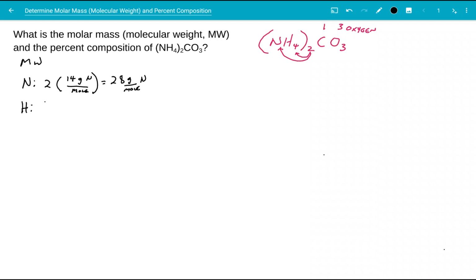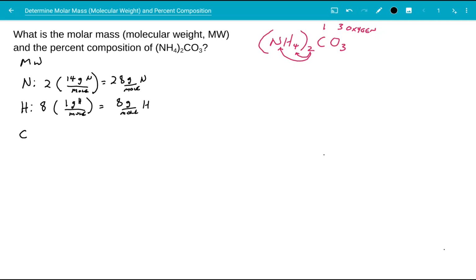Now let's get our hydrogen. So it's 2 times 4. There's where the 8 comes from. So there we have 8. And the atomic mass is 1.0079, so just 1 gram. So I'm rounding. That's just 8 grams per mole hydrogen.